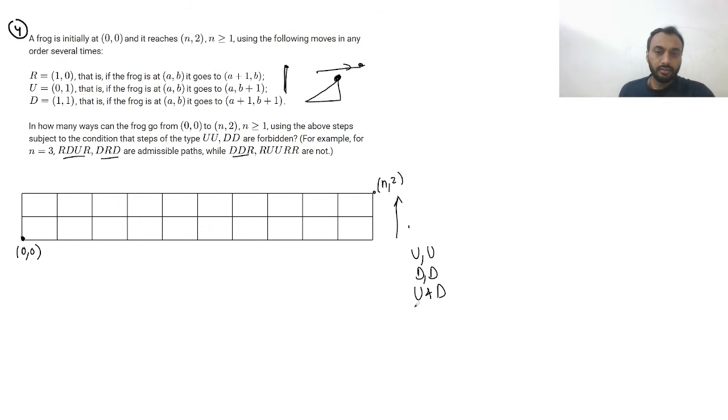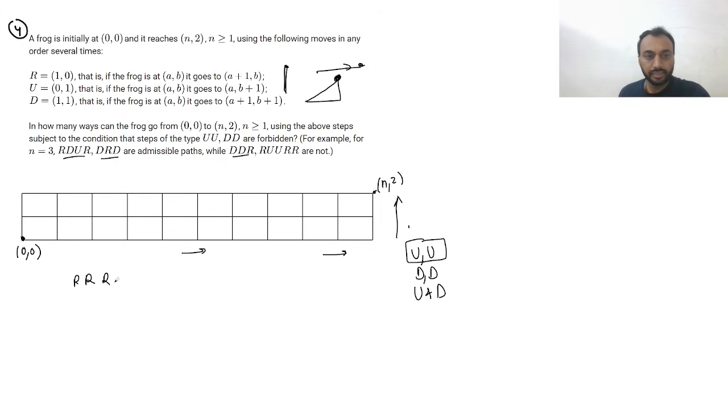If we consider the first case, using 2 U steps, how many steps to the right do we need? To move n units in the right direction, we need n right steps.